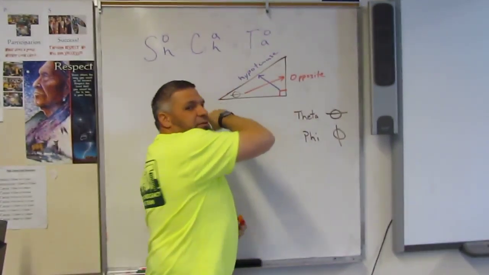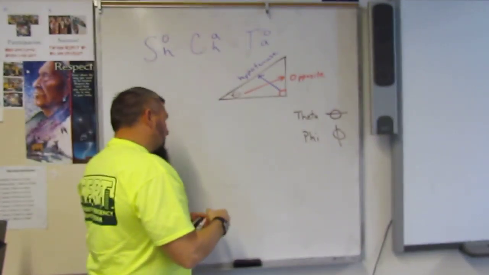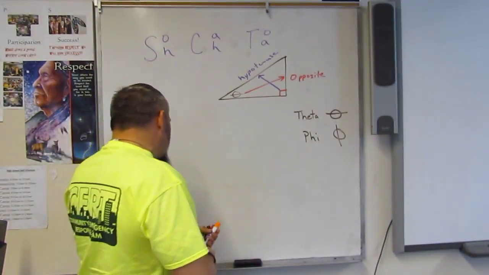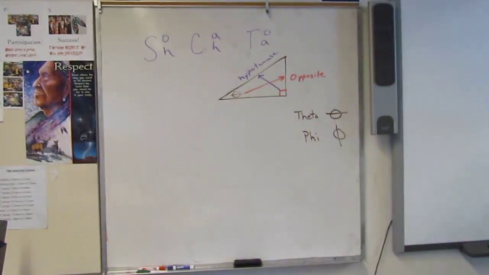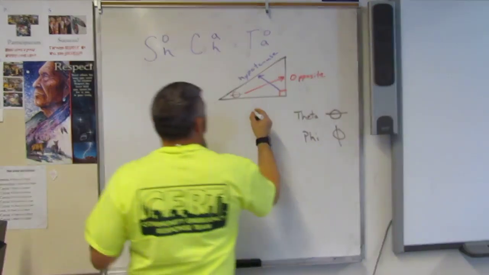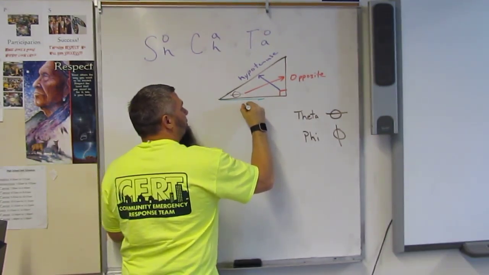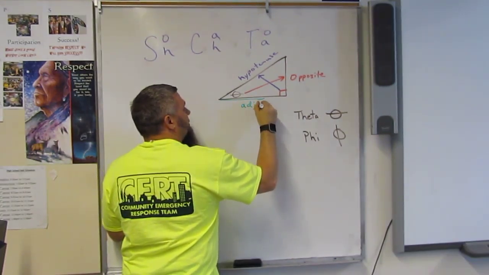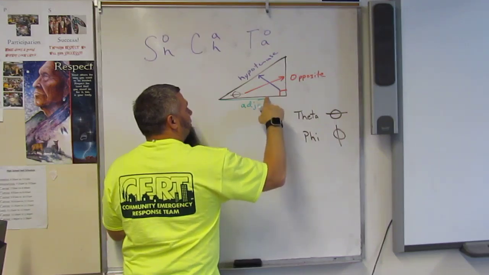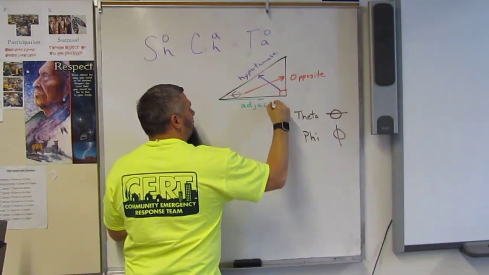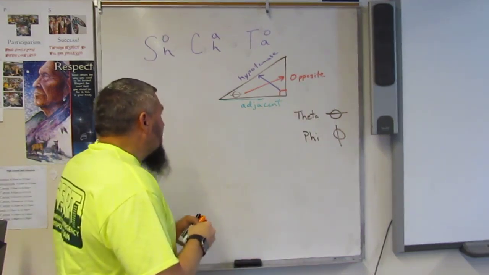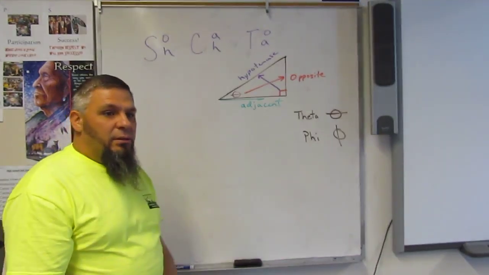This is the hypotenuse, right? So we look at green. Adjacent, right? Okay. That's everything we need.